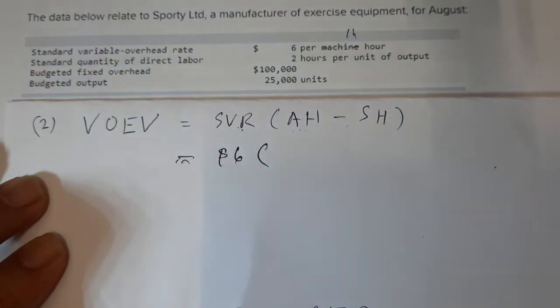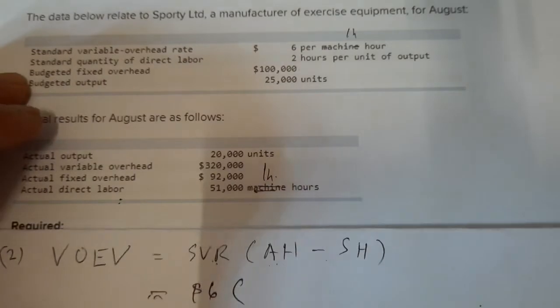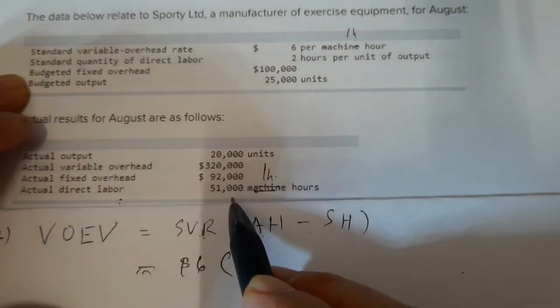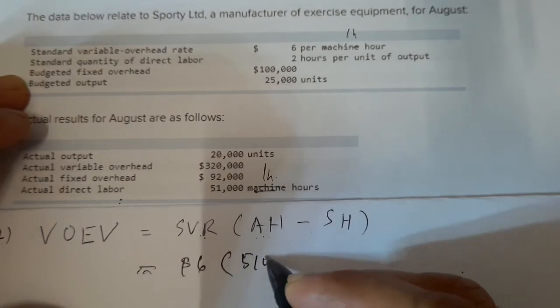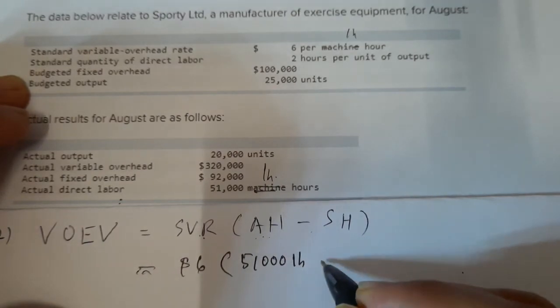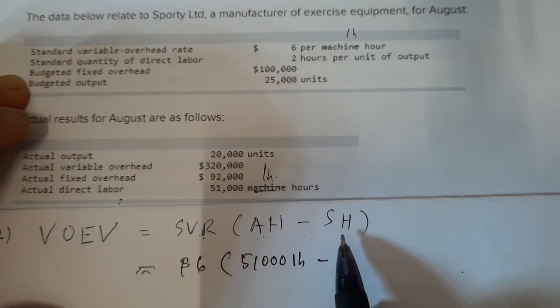The actual labor hour is this one, so the actual labor hours is 51,000 labor hours. How about the standard hours?